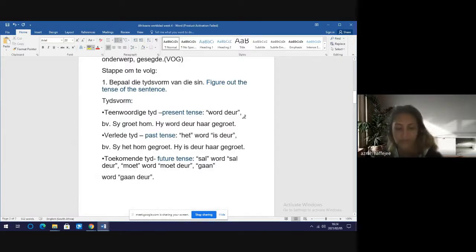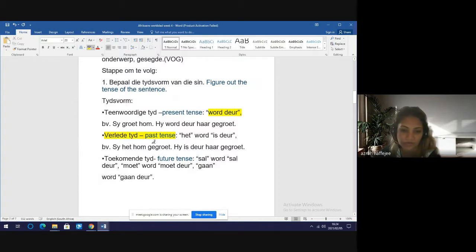Whenever you work with the teenwoordige tyd, we always use word deur. So example, sy groet hom, hy word deur haar gegroet. So hom changes to hy, word deur haar gegroet. In the verlede tyd, because it's a past tense, it must become het, and we use is deur.